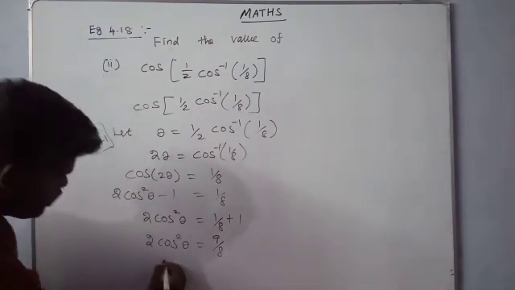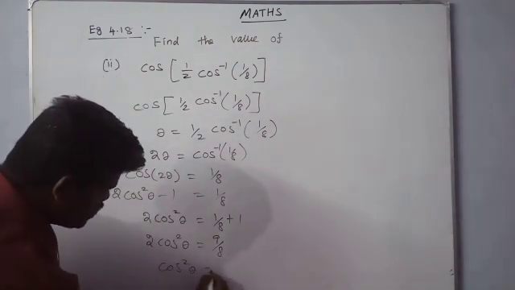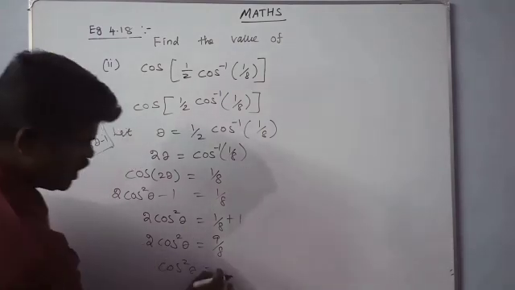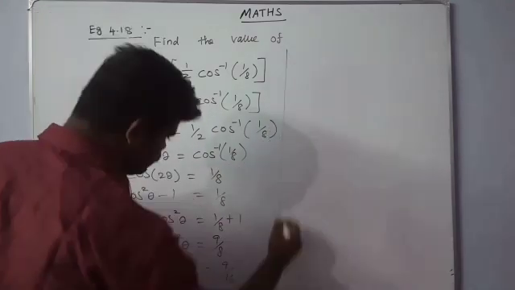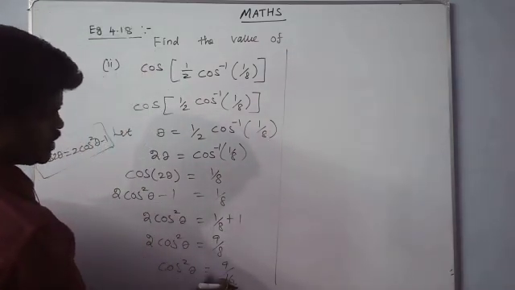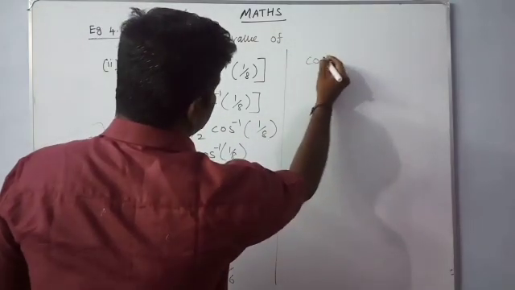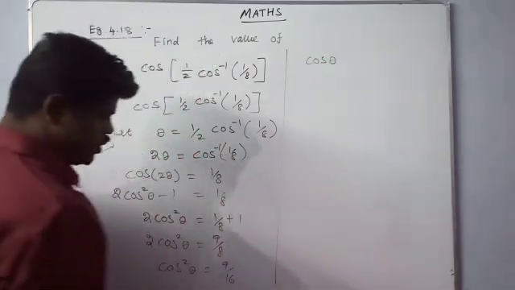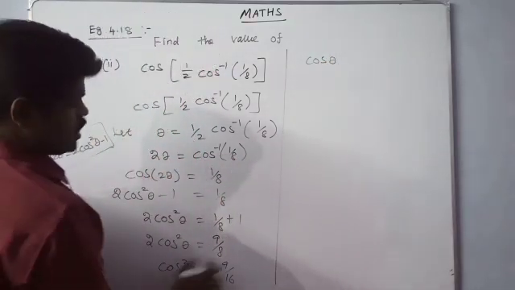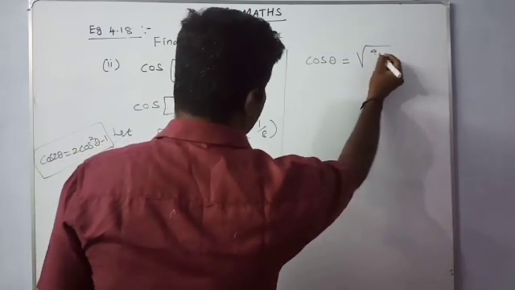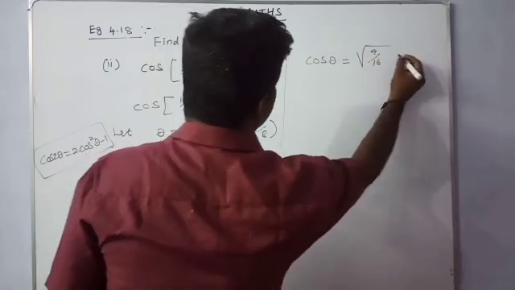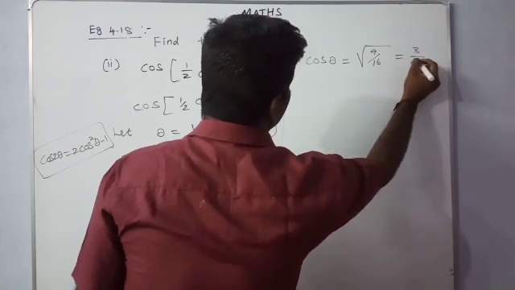And cos squared theta is equal to, take 2 to the denominator, so 9 by 16. Therefore, square root on both sides, positive square root on both sides. Cos theta is equal to root of 9 by 16. What is the value? 3 by 4.